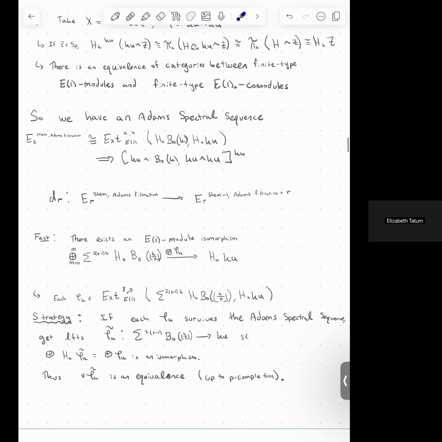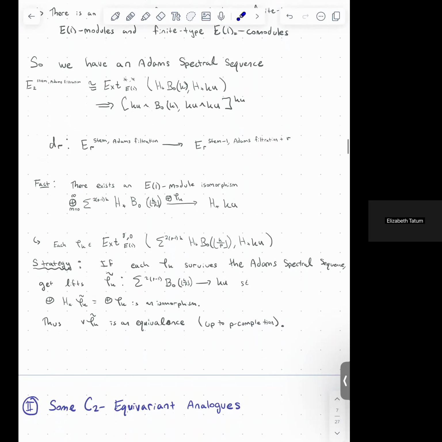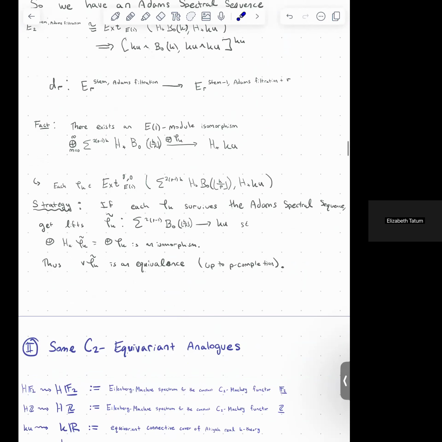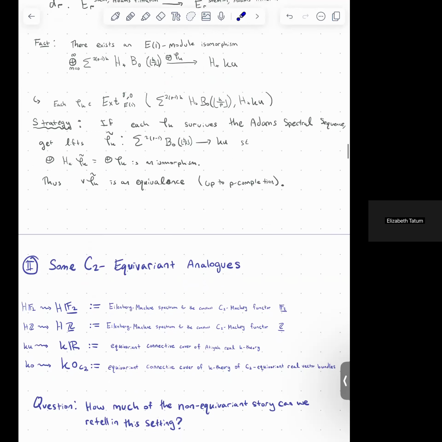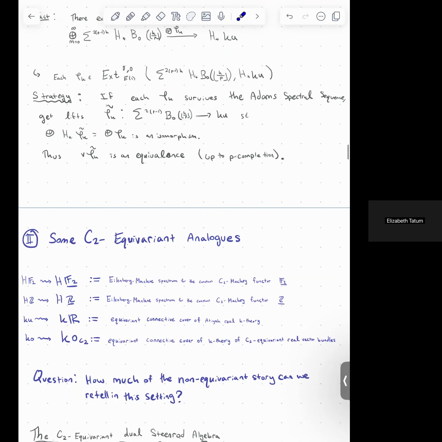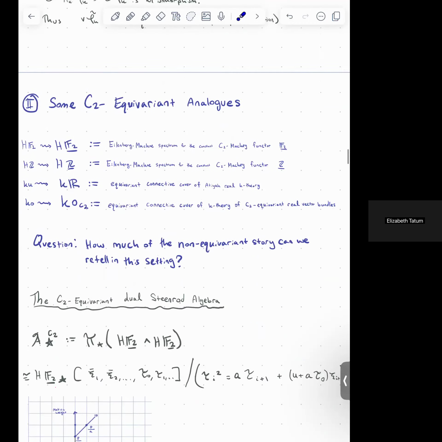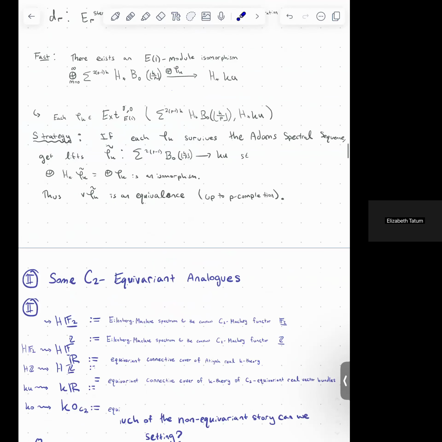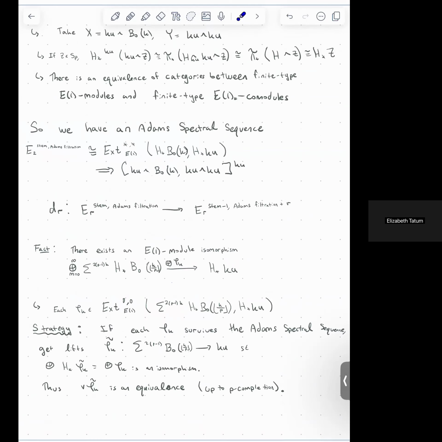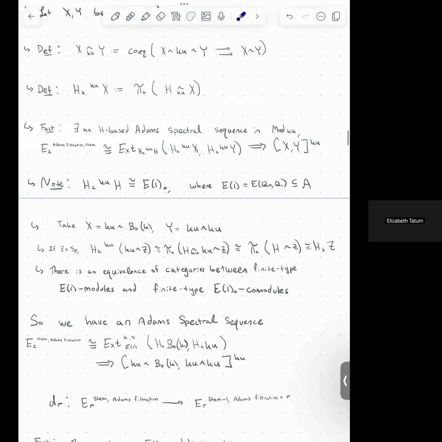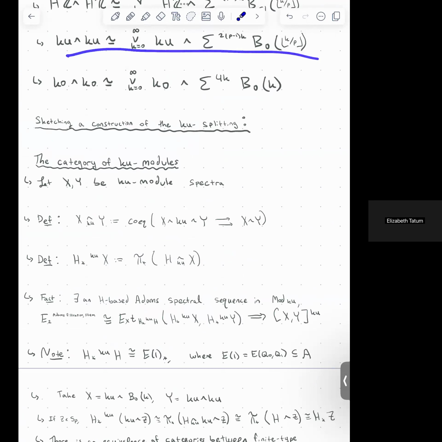Okay, then I'll move on to talking about the C2 equivariant analogues. So now the idea is we want to see how much of this story we can retell in the C2 equivariant setting. Oh, and maybe I should mention, before I move on, about the non-equivariant setting: there are a lot of different ways to approach this construction of KU smash KU.